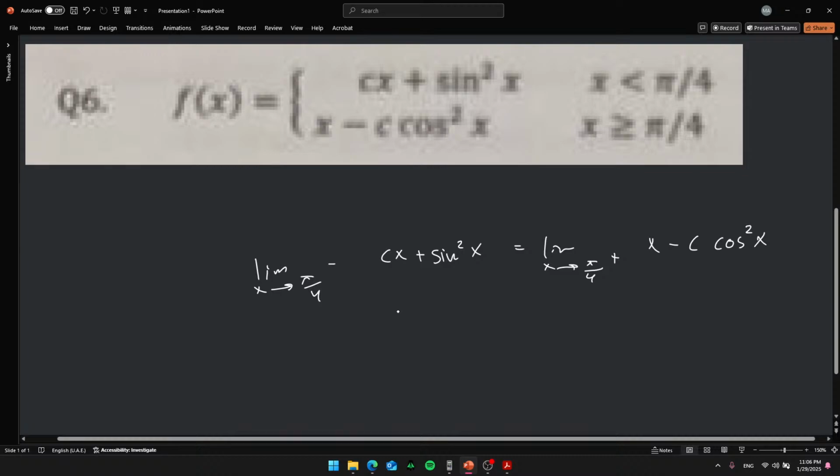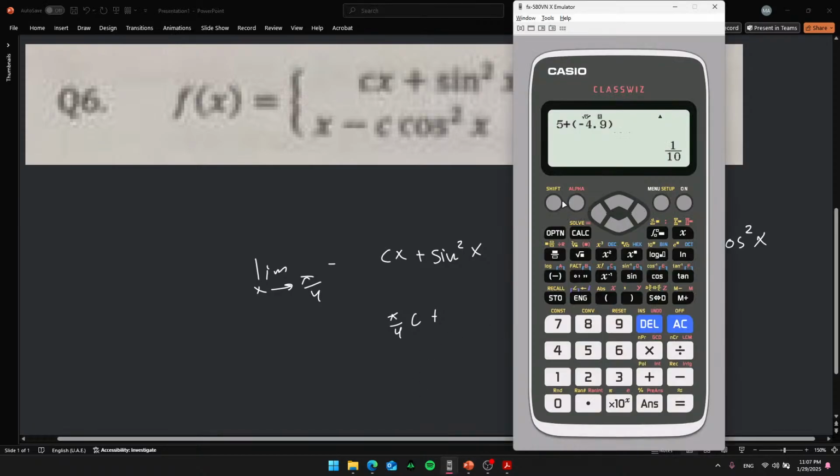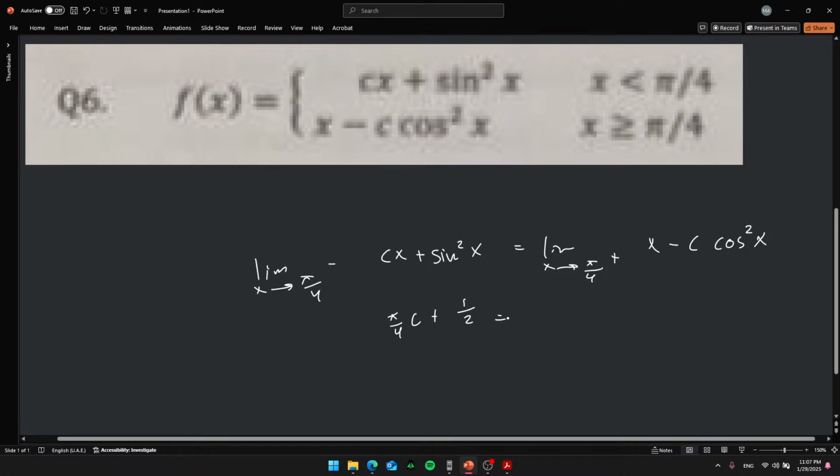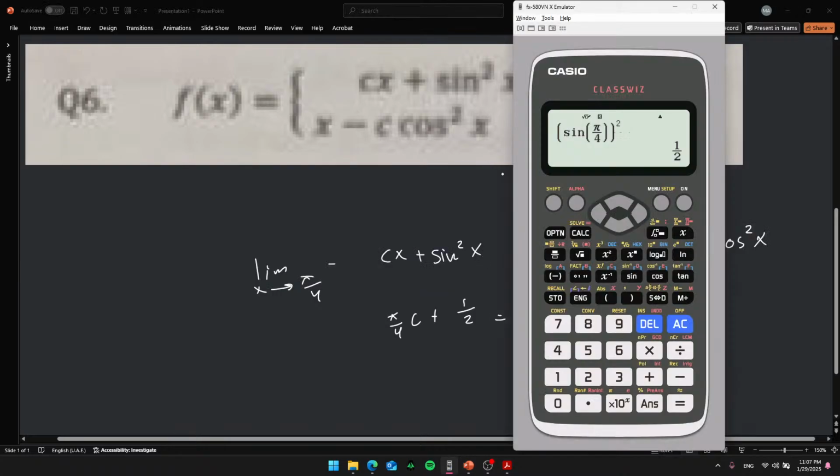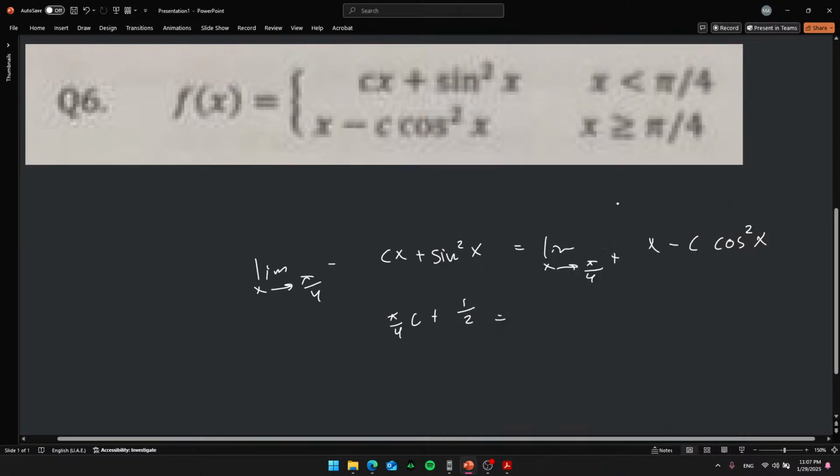Substitute pi over 4: pi over 4 c plus, your calculator should be on radian mode, so sine pi over 4 is half, and for the cosine also half.